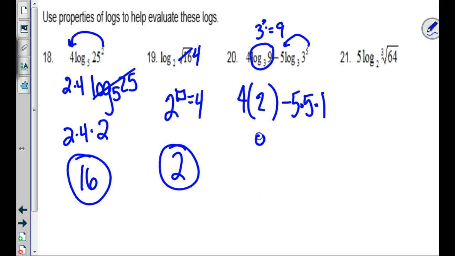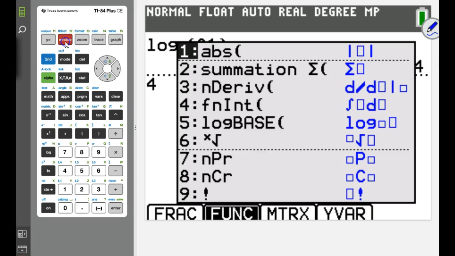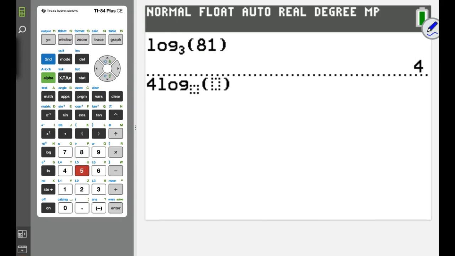So now we're down to 8 minus 25 is negative 17. Did anyone type all that garbage in and get negative 17? Or not? Did you type it and not get that? This one's tricky to type, I'm thinking. It was 4 log base of what, guys?